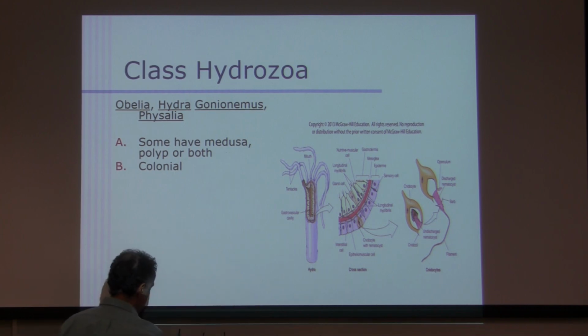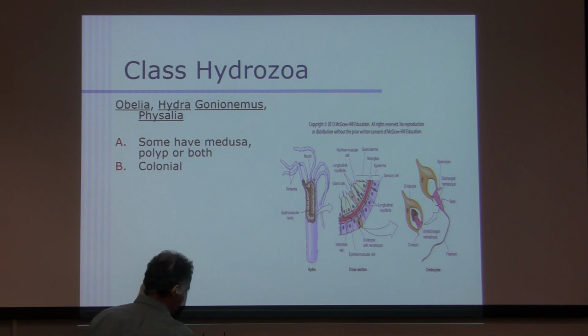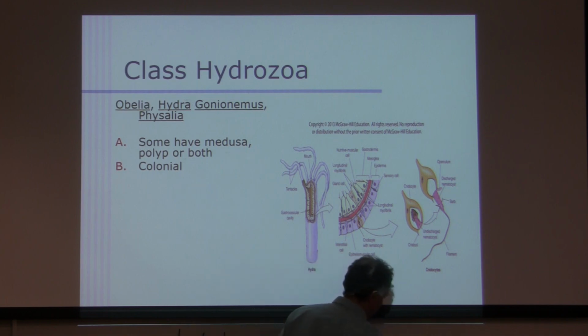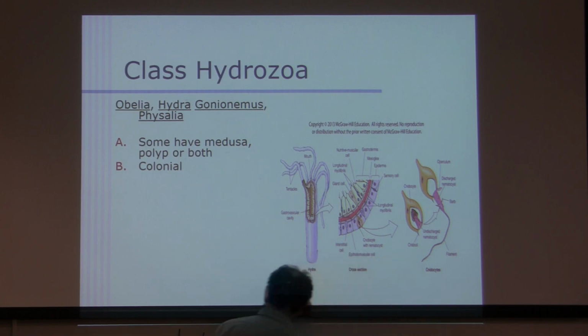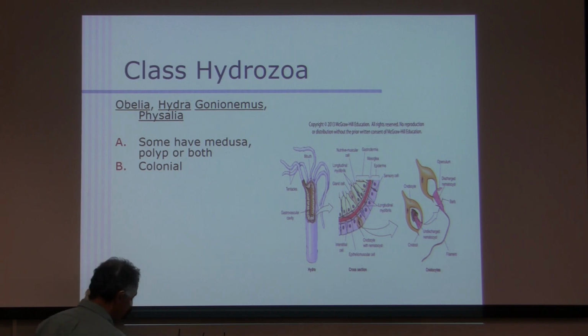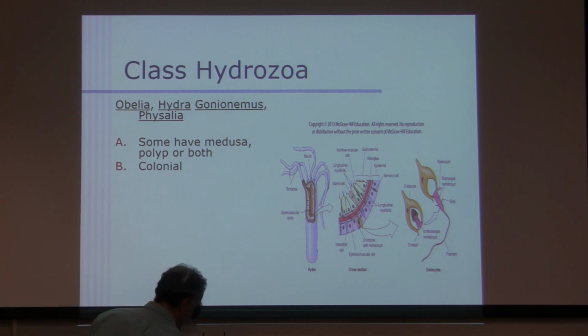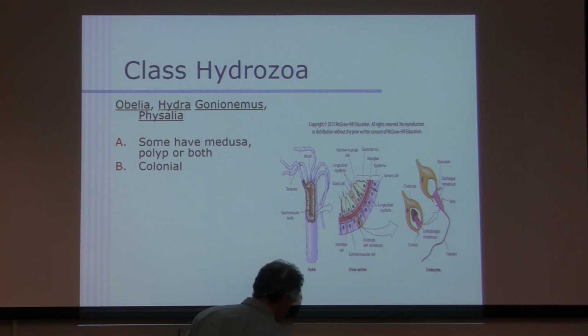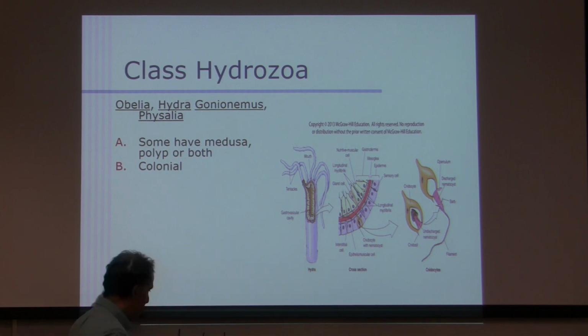Gonozooids are a reproductive colony. And then you have gastrozooids, which are the feeding colony.